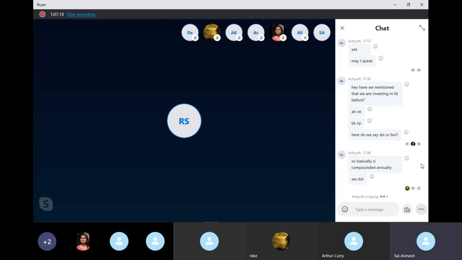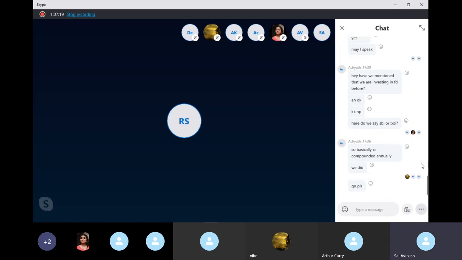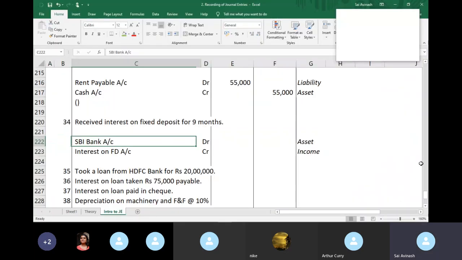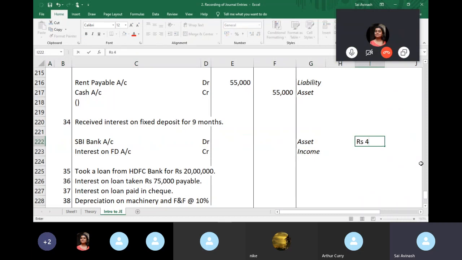Four lakhs, 10%, 9 months. Okay, I'll give you the numbers. Rupees 4 lakh, right? 10%, 9 months. What is the interest amount I should receive?